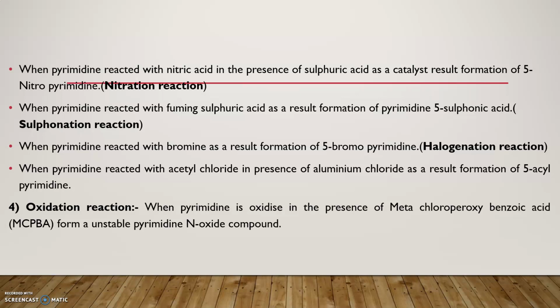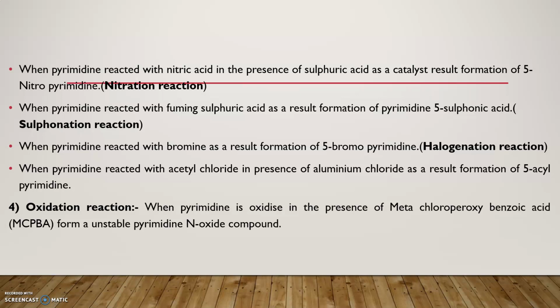When pyrimidine is reacted with acetyl chloride in the presence of aluminum trichloride as a catalyst, there is formation of 5-acylpyrimidine. That is called the Friedel-Crafts acylation reaction of pyrimidine. The next reaction of pyrimidine is when pyrimidine is oxidized in the presence of metachloroperoxybenzoic acid, also called MCPBA.